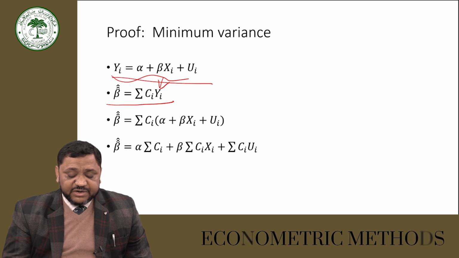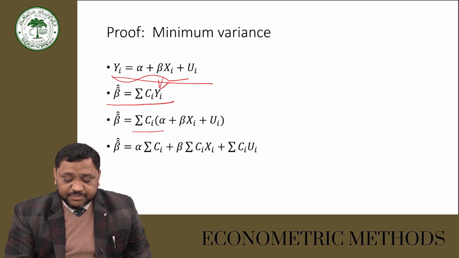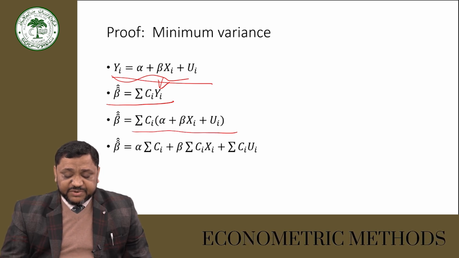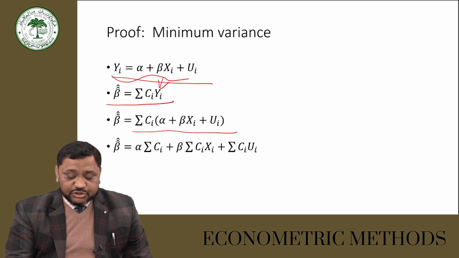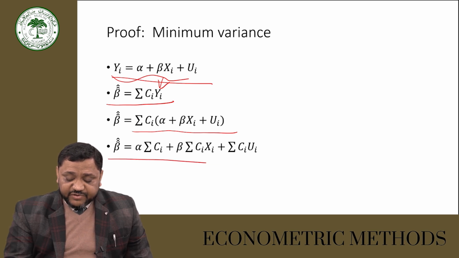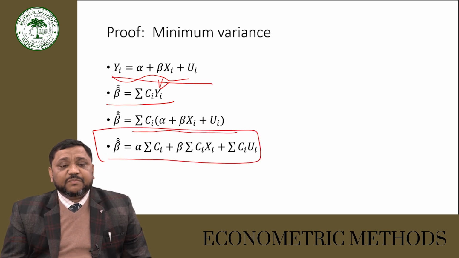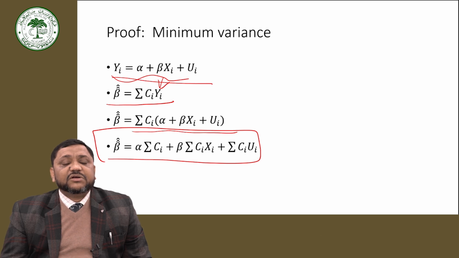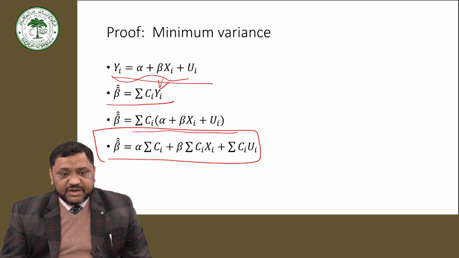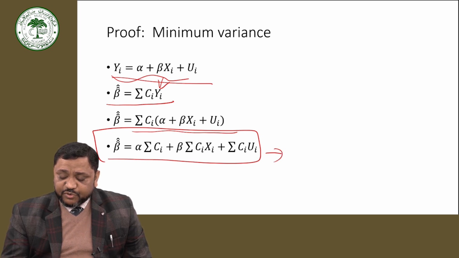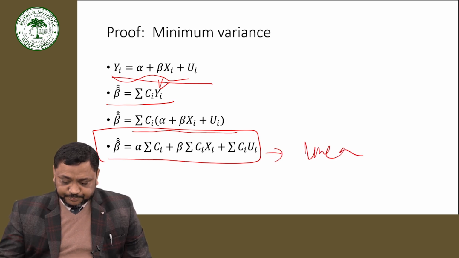We can write beta double hat is equal to summation ci times alpha plus beta xi plus ui. When we open the bracket, we get beta double hat is equal to alpha summation ci plus beta summation ci xi plus summation ci ui. So now we have proved that this is linear.